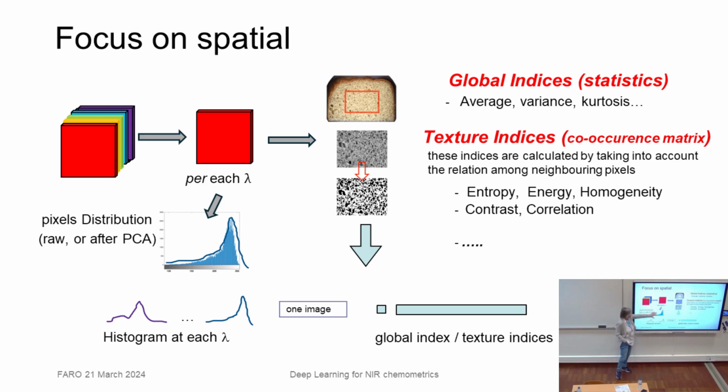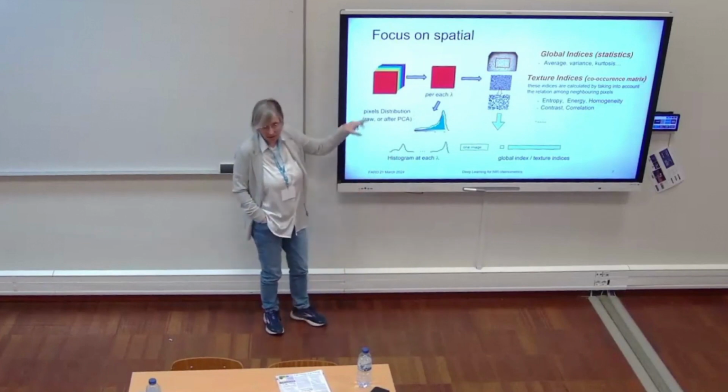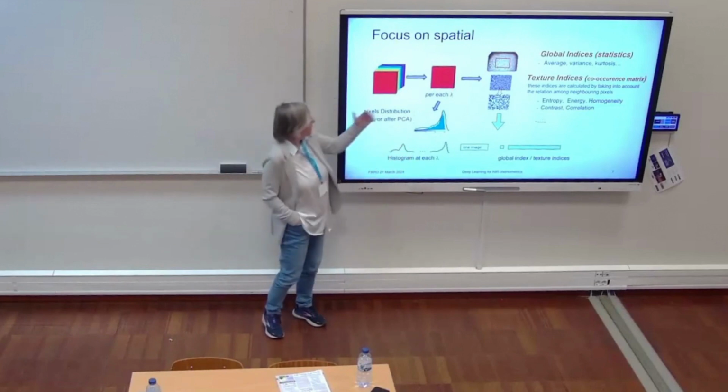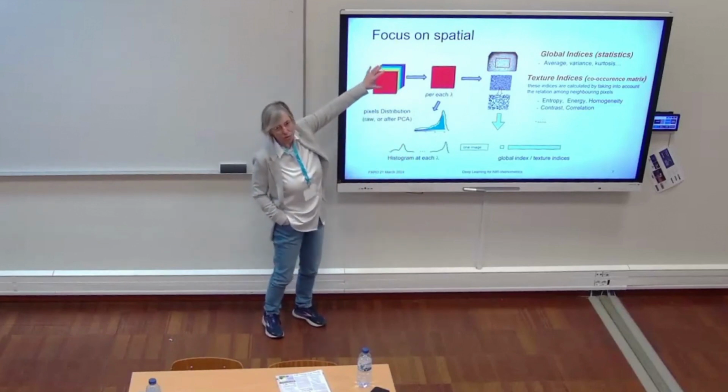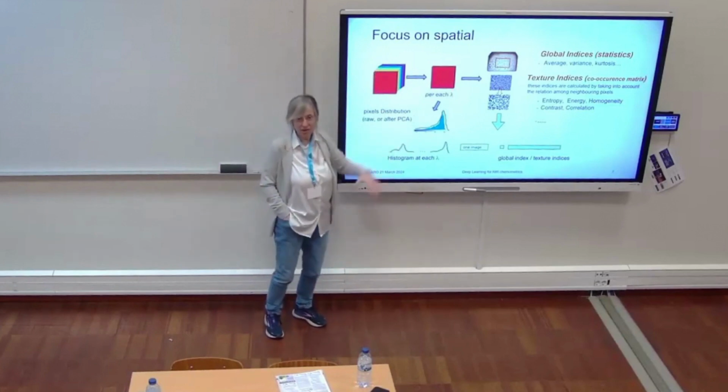And other things you can do, you can calculate the distribution of the pixel intensity at that specific wavelength, and you can treat this distribution as a signal because you can fit the shape, and so you can represent actually a hypercube with a long signal of histograms.